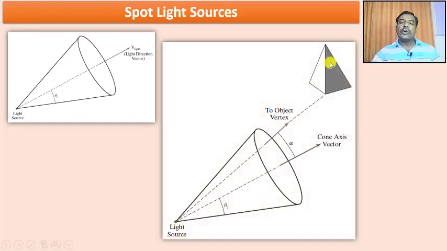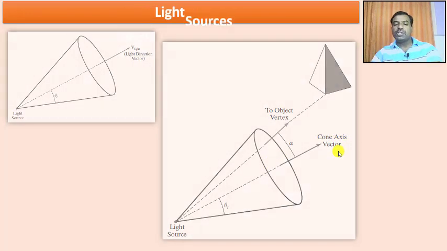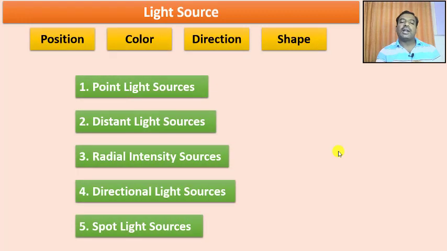And now if there is an object and it should be illuminated by the light source, then I'm going to work with one more angle of how the object is going to be incident in the spotlight, which is going to be of a cone axis vector. And so this is how we are going to have the spotlight in the scene.